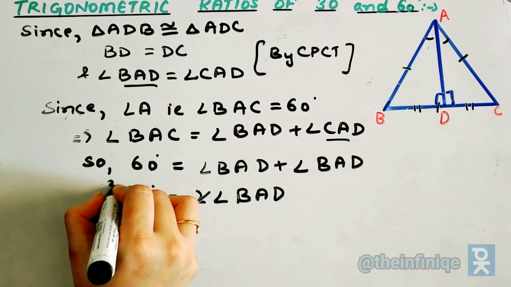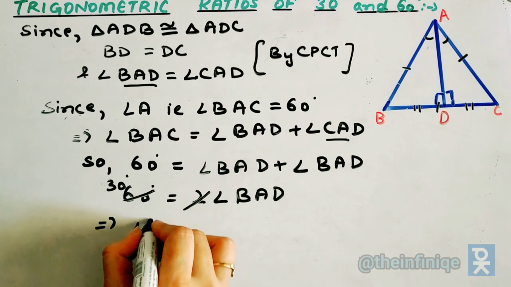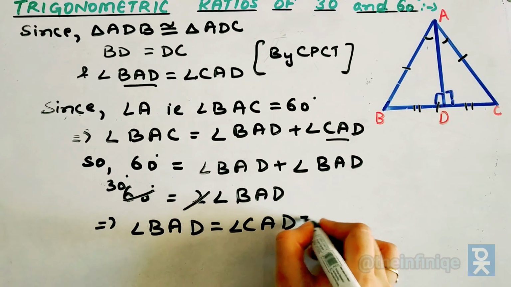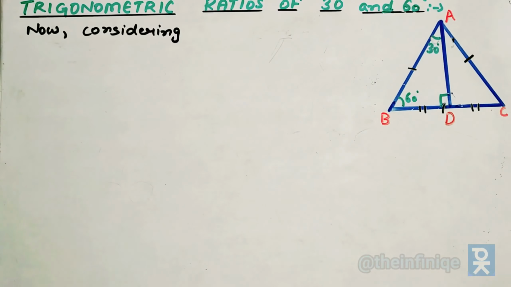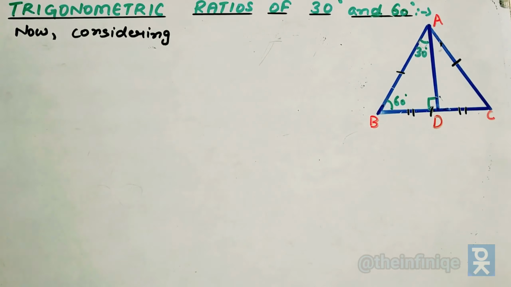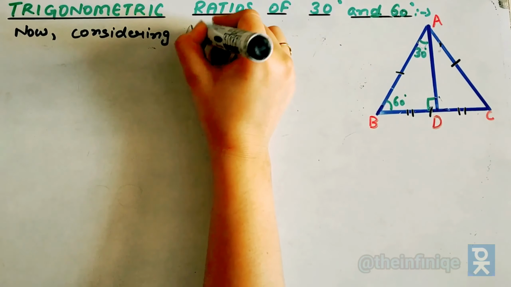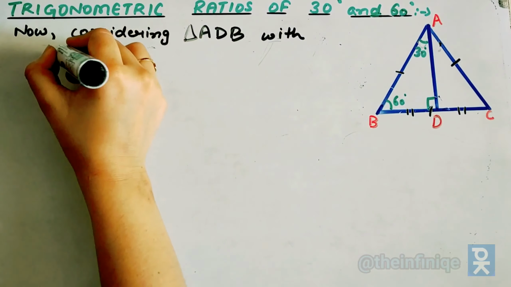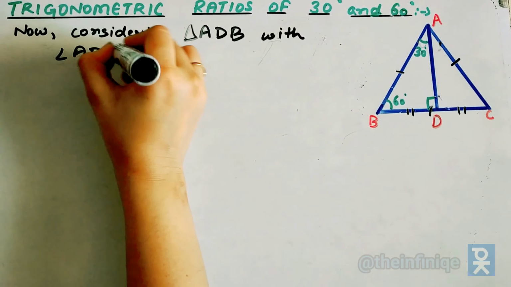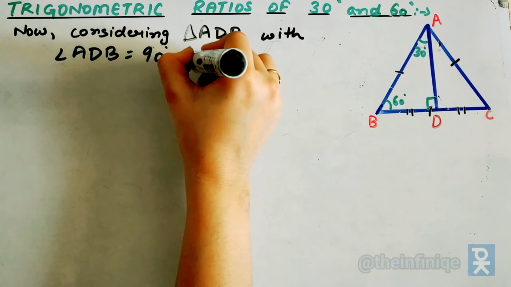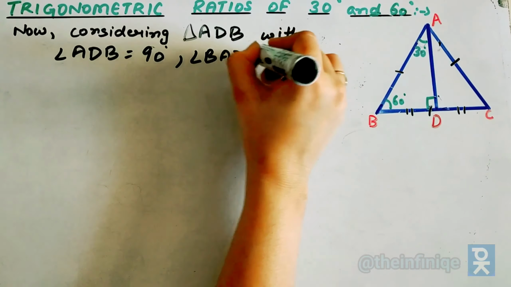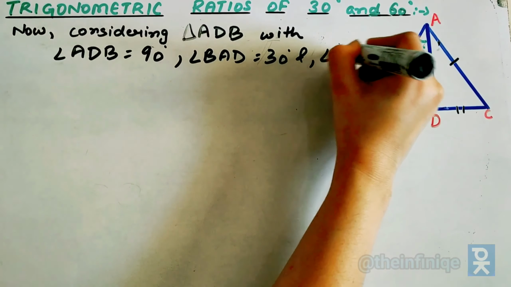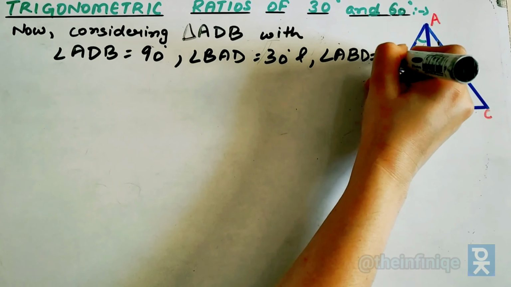So the 2 cancels. It implies that angle BAD is equal to angle CAD is equal to 30 degree. Now considering triangle ADB with angle ADB equal to 90 degree, angle BAD equal to 30 degree, and angle ABD equal to 60 degree.